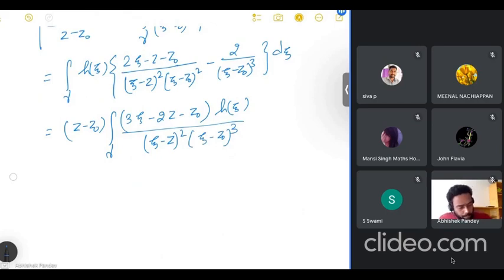Basically I have done the calculation, so that's why I'm writing here. You can go through this one.